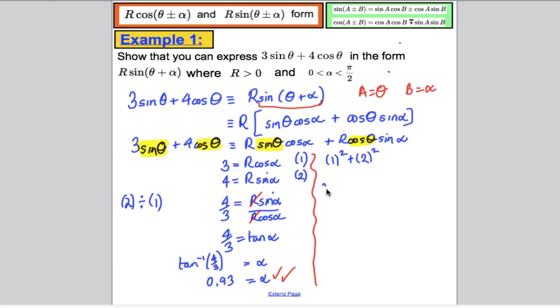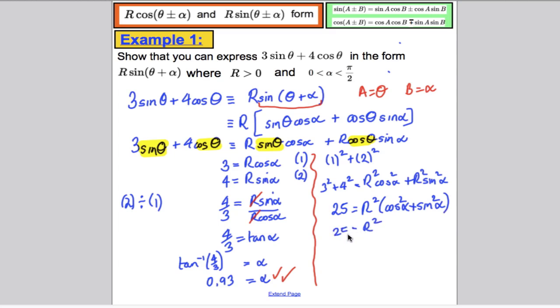Well, on the left hand side we get 3 squared plus 4 squared, and on the right hand side we'd get r squared cos squared alpha plus r squared sin squared alpha. And 3 squared plus 4 squared is 25. We could factorise out the r squared from both. r squared, I'd get cos squared alpha plus sin squared alpha. I know cos squared plus sin squared is 1, so I'd have r squared is 25, and r, which I've chosen must be bigger than 0, is therefore 5.